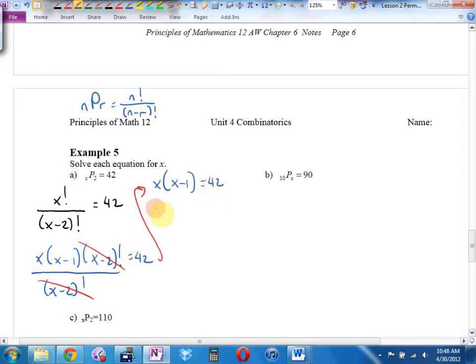This is going to be x squared minus x, and can I minus the 42 over to make it equal to 0 right away? How do I solve this factor? How? Oh, not a GCF, but there's no leading coefficient. These were the easier ones. I'm looking for two numbers that multiply to negative 42 and add to negative 1.